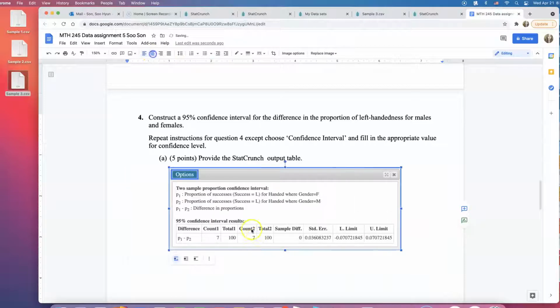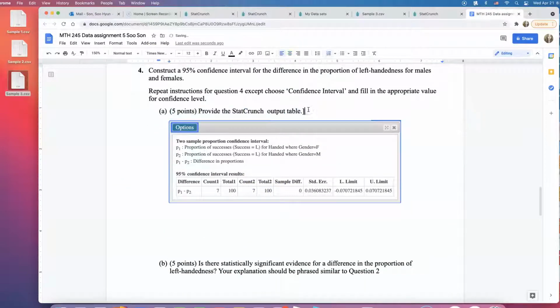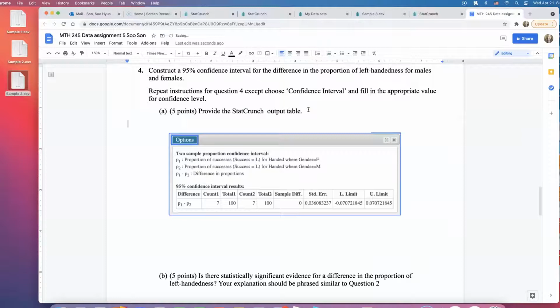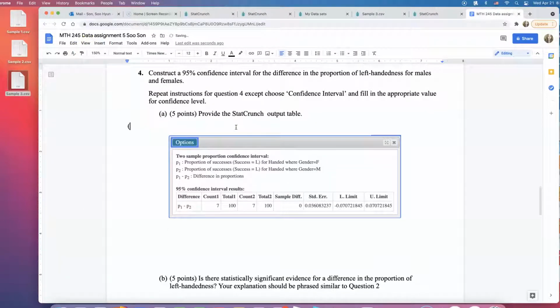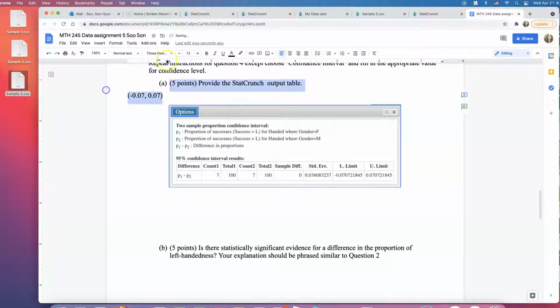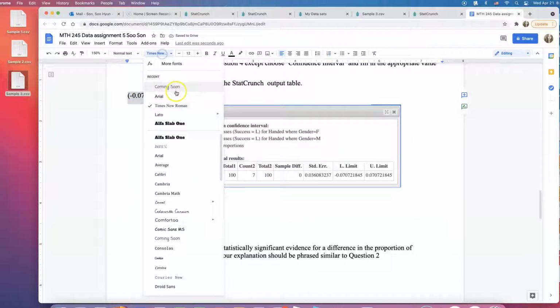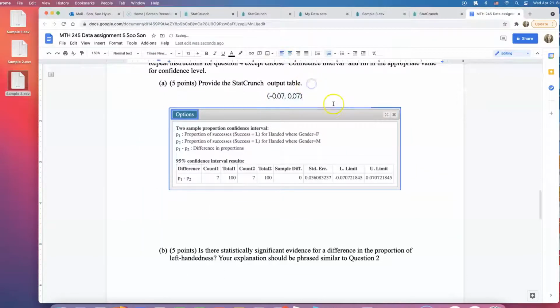First of all, the difference is between negative 0.07 and positive 0.07, right? Because my point estimate was 0, with a margin of error of 0.07 to the right and to the left, I have this confidence interval.